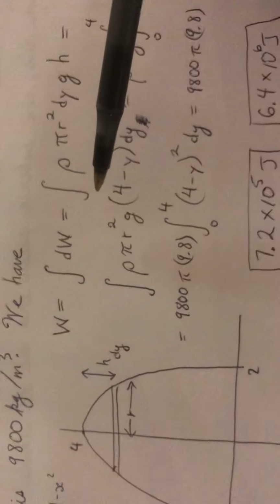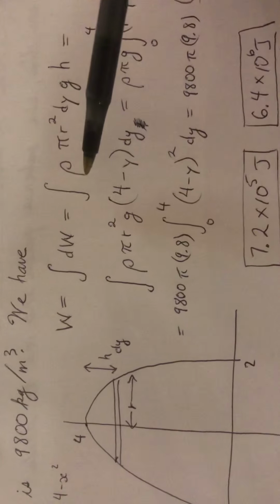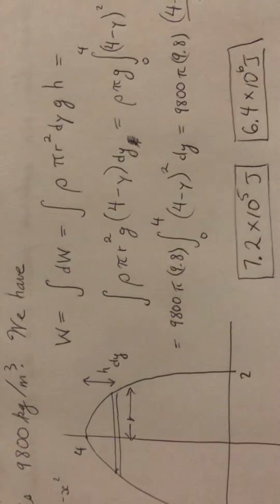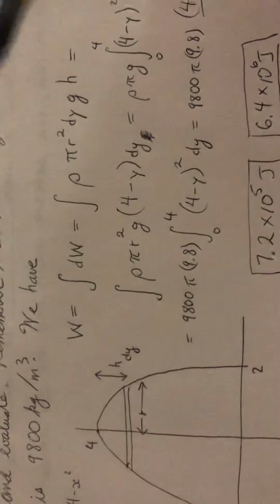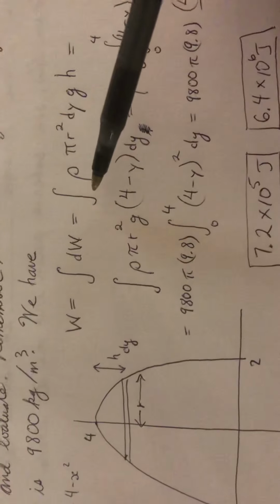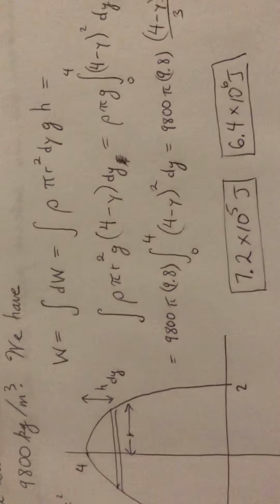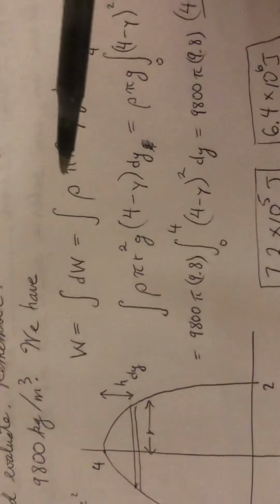We have the work is the sum of the small works, which is the sum. Rho is frequently used in physics for density, so I'm going to use rho for the mass density. I'm using mgh for work.